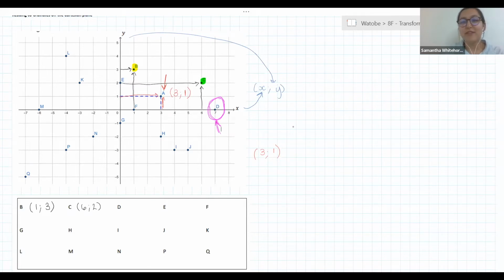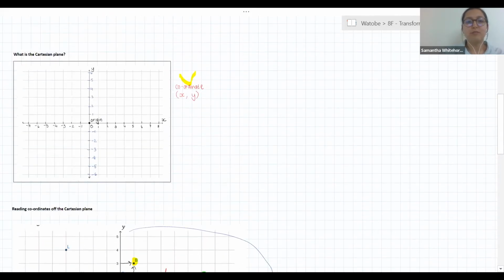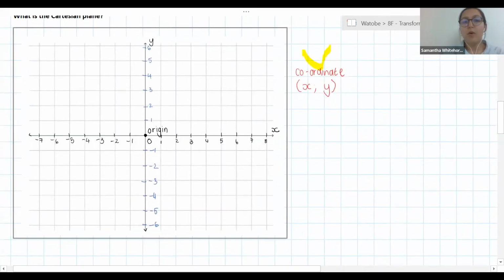Okay, so guys, what's really important is if we have a point on the x-axis, remember we spoke about the fact that the point where the two axes intersect with each other is at 0. So if I'm sitting on the x-axis, all of my y's here are equal to 0.